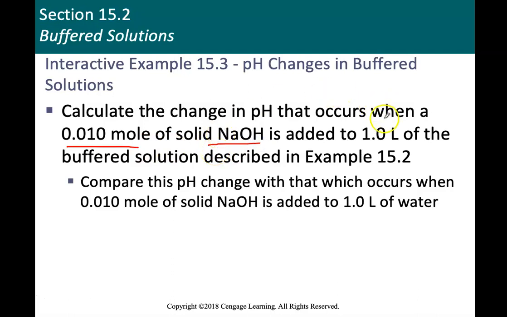So we take the volume as 1 liter in this case to make our calculation very simple. So the question here is, what will be the change in pH when you add 0.01 mole of strong base? And later we will do the comparison when we add 0.01 mole sodium hydroxide to water.